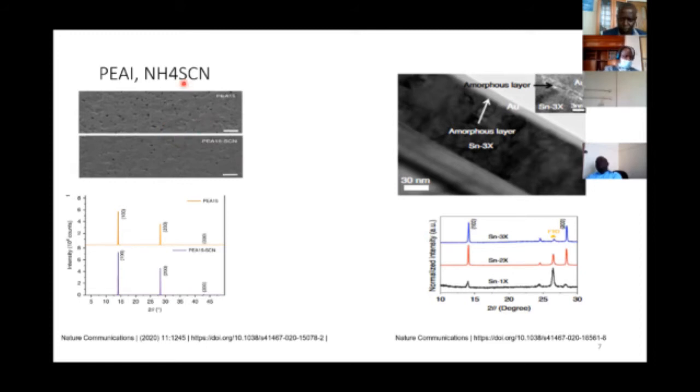Another thing about these co-additives is that they improve the crystallinity. And we know that if crystallinity is improved, then the chances of charge recombination are also reduced because trap sites have also been reduced.